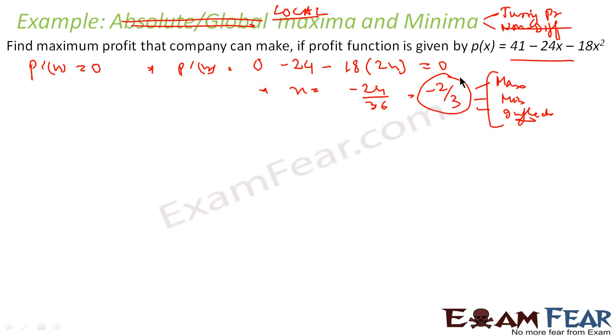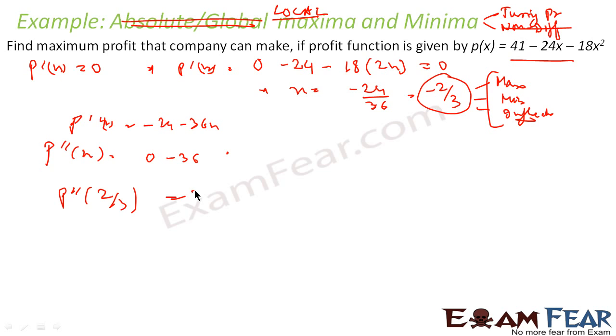So what do we do? We can use the second derivative test. Let's find p double dash x. My p dash x came out to be minus 24 minus 36x. So my p double dash x will be 0 minus 36, and my p double dash of minus 2 by 3 is minus 36, and this is less than 0. So I can say that minus 2 by 3 is a point of maximum.